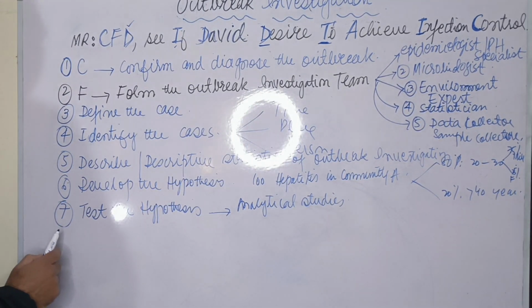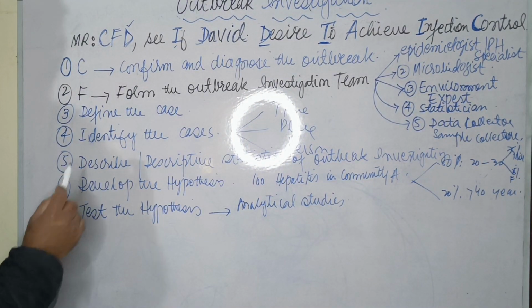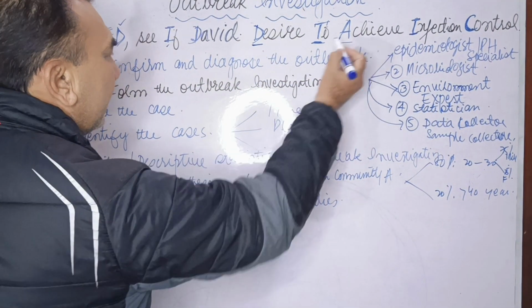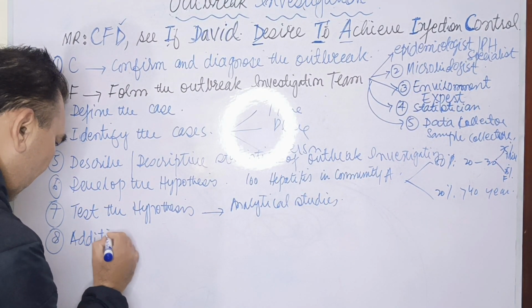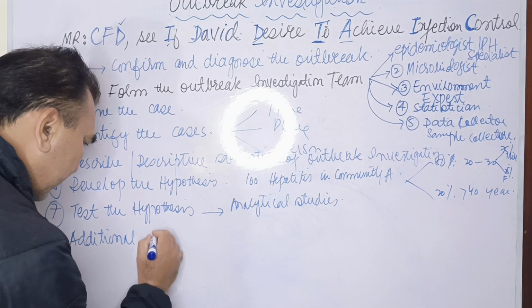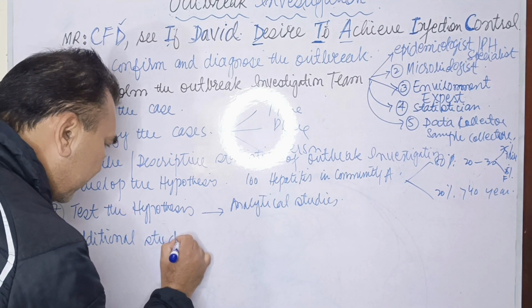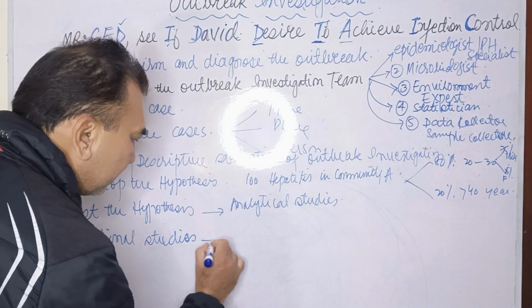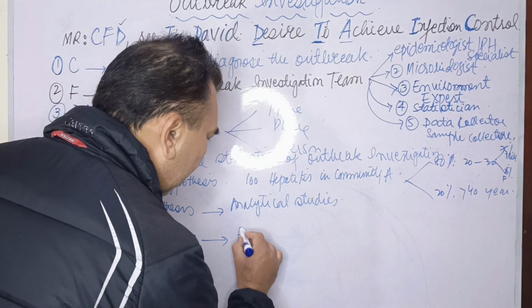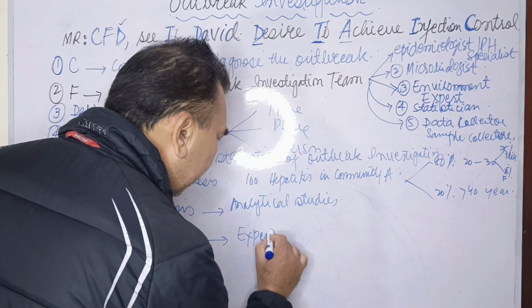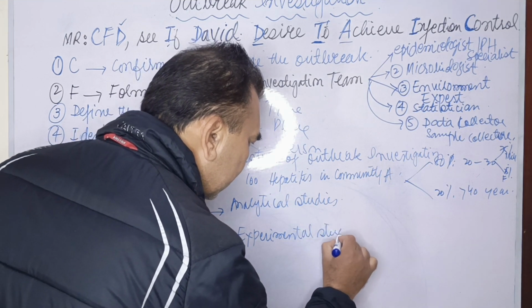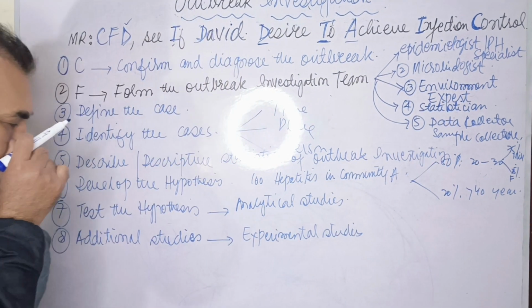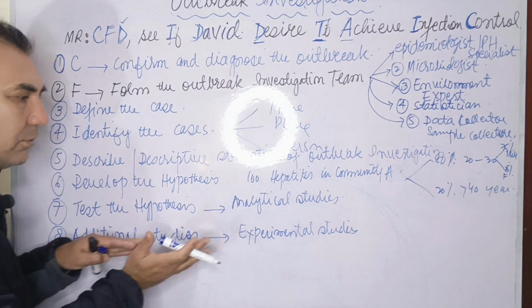So after that, the next step, what is the A? A is additional studies. In the additional studies, for outbreak investigation, you will conduct an experimental study. Experimental studies.